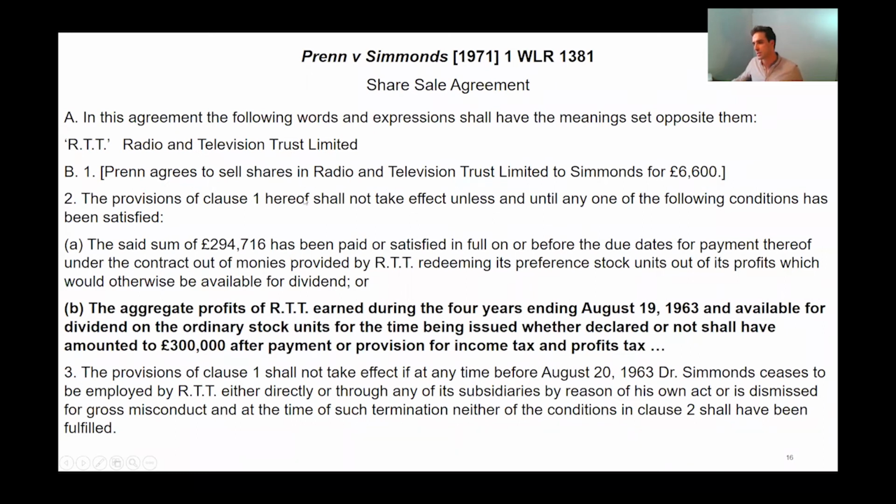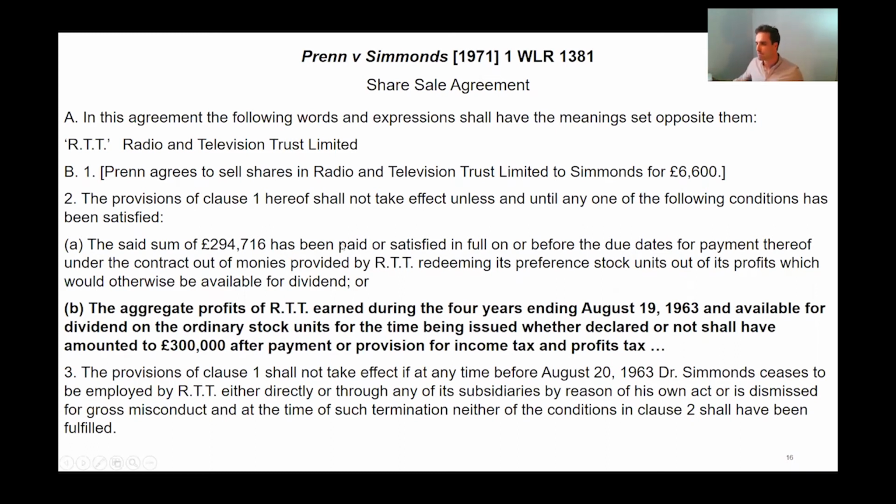But the share sale is subject to two conditions. Well, the share sale will only go ahead if one of two conditions are satisfied, A or B. A is satisfied if £294,716 are paid to the vendor from whom Pren bought Radio and Television Trust through the redemption of preference stock.